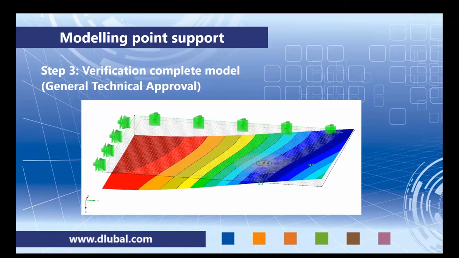The third step is a complete model combining the first and the second step in one model with one point support and the FE mesh refinement, so we get specified deformations and the point support forces for the verification of the model.